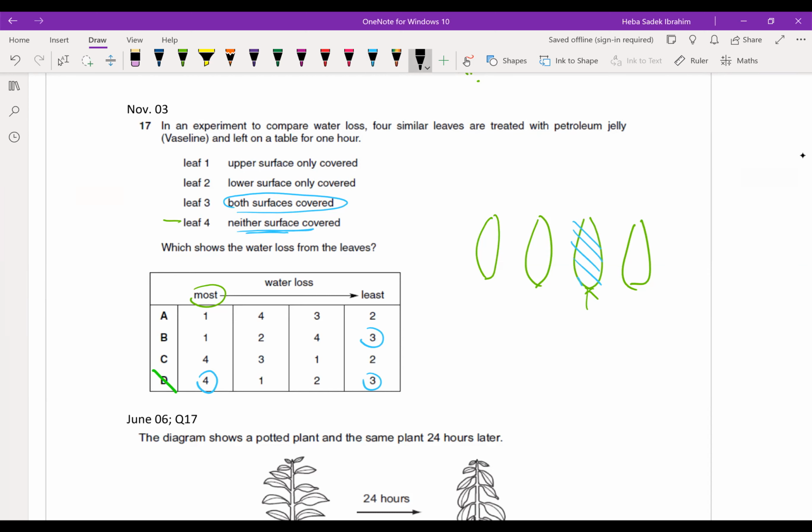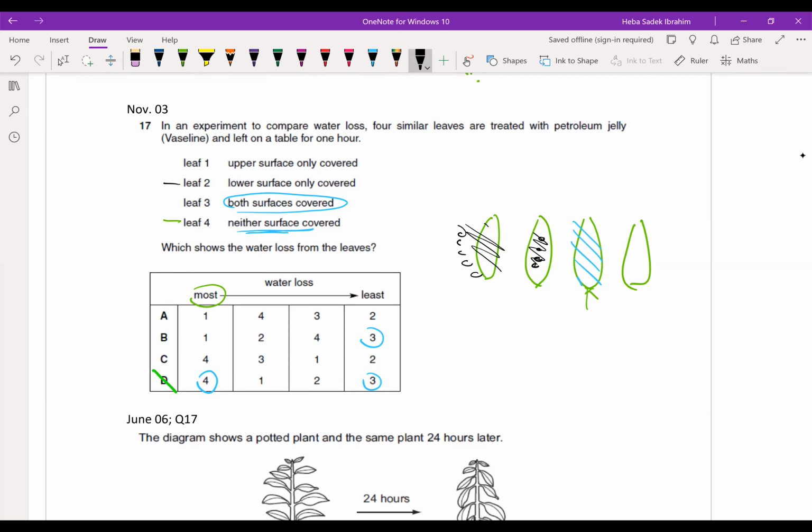Most stomata are on the lower surface. So when you cover the lower surface, you are covering up most of the stomata, so the next in line to minimal water loss is when you cover the lower surface. When you cover the upper surface, you're still leaving a lot of open stomata at the bottom, so you're going to lose a lot of water from the undersurface. Are you following me, Omar?